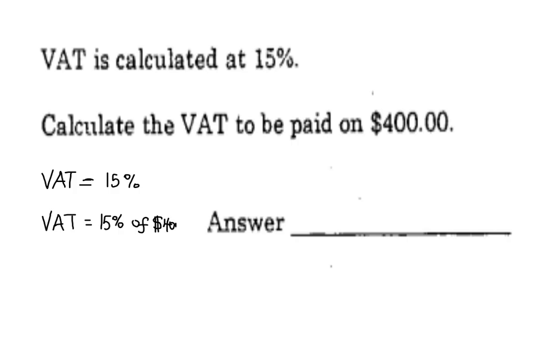Our calculation will look like this: 15 over 100 multiplied by 400.